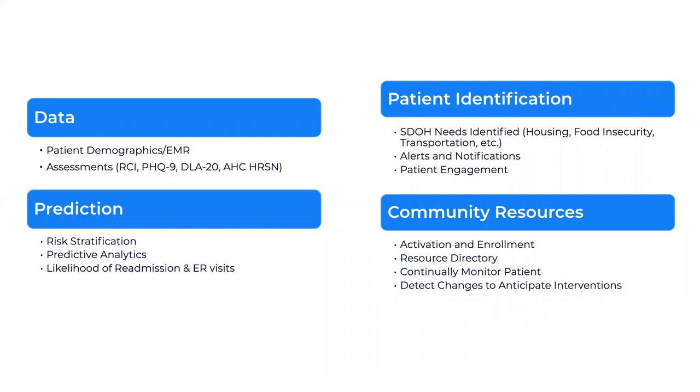Once you get that data in and integrated, then there's standardization, and then we can do predictive risk stratification, predictive analytics, and show the likelihood of remission or ER visits. On the right-hand side there, you see once the assessments are completed, then there's patient identification. So we can do SDOH needs, identifying housing, food insecurity, transportation, and then alerts and notifications can be generated off that data. This enables basically patient engagement, and we'll show you some of that in the demo.